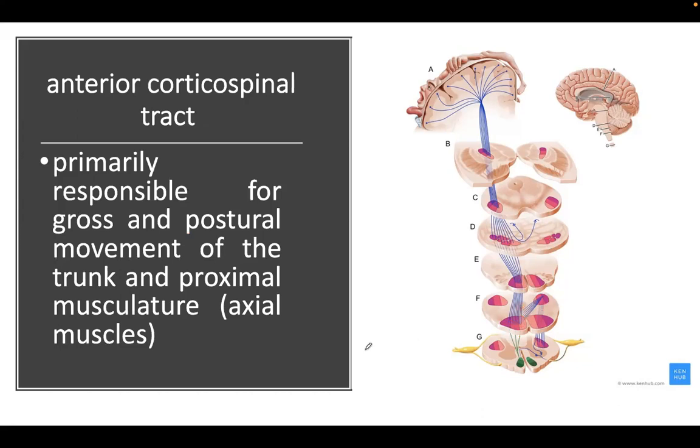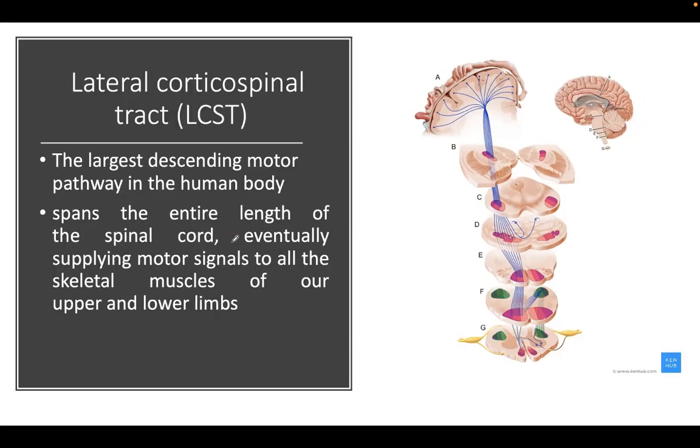So what is the function of the anterior corticospinal tract? The anterior corticospinal tract is primarily responsible for the gross as well as postural movement of the trunk as well as the limb muscles. So gross movement as well as postural movement. Okay, the lateral corticospinal tract, this is the largest.